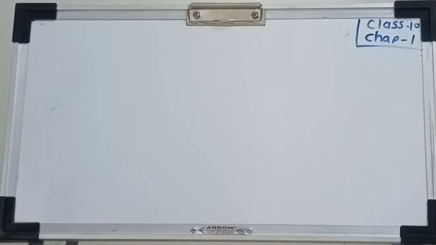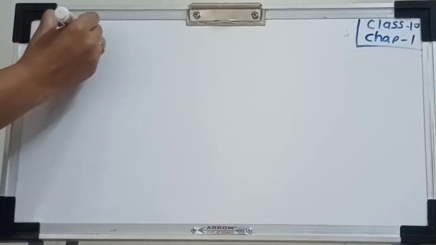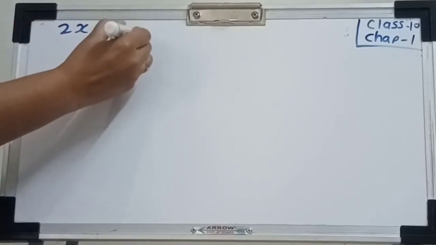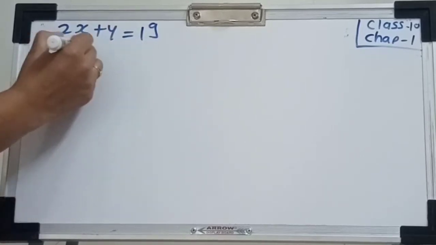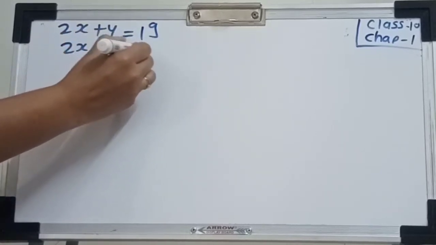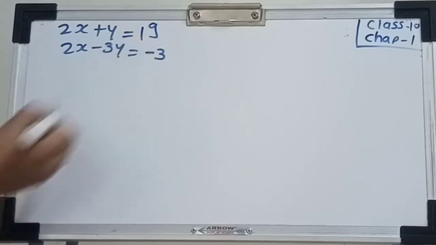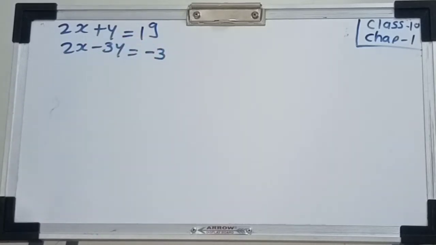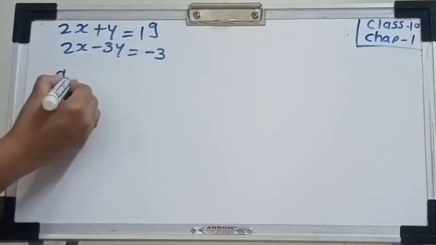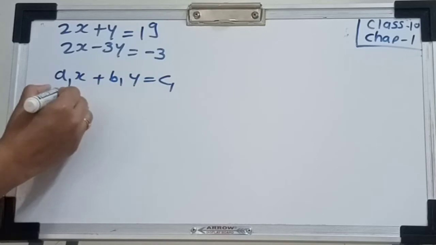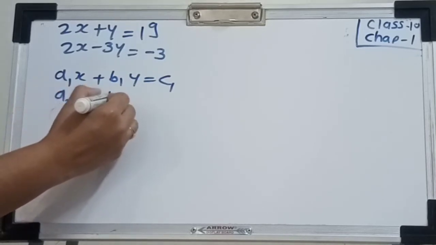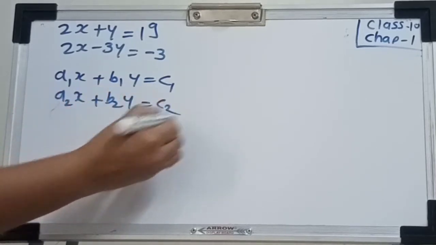Here in our book, first we have been given an activity. In this activity, we have the equations 2x plus y is equal to 19 and 2x minus 3y is equal to minus 3. Now compare these equations with our standard form a1x plus b1y is equal to c1 and a2x plus b2y is equal to c2.